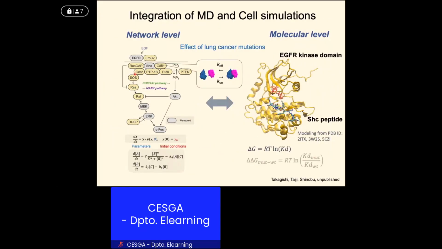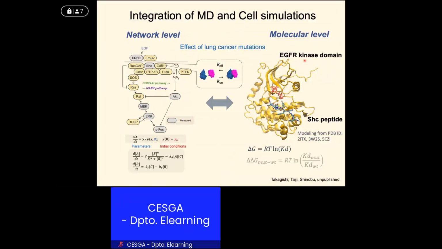So then we tried to integrate the molecular level and the network level. With the network level simulation, we can perform parameter estimation to identify the K-off and K-on of the interaction between EGFR and SRC.